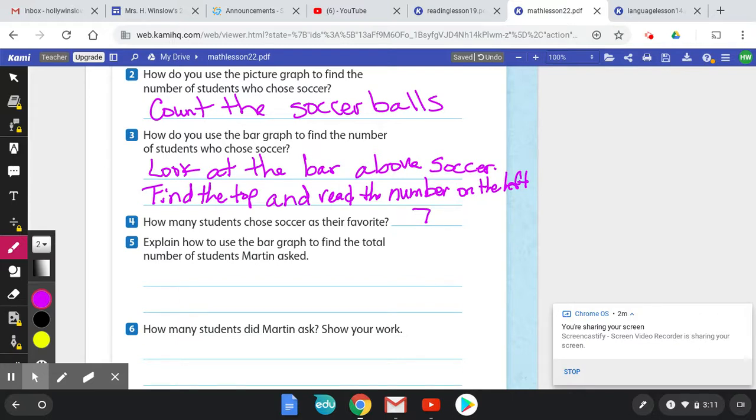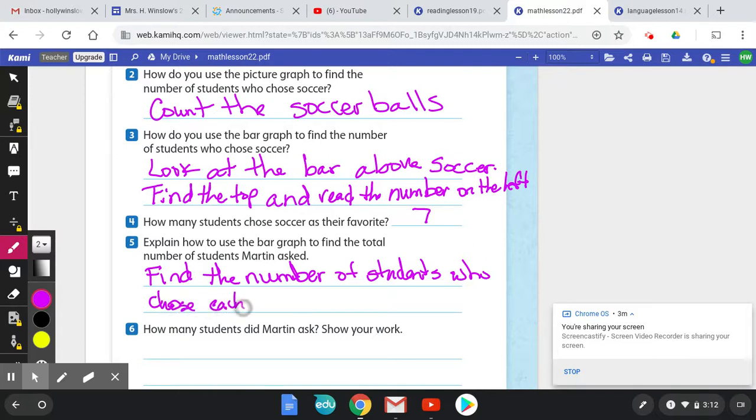Explain how to use the bar graph to find the total number of students that Martin asked. Well, all you need to do is find out how many students chose it for each sport, and then we're going to add them all together. So we're going to write that out. Find the number of students who chose each sport and add them together.